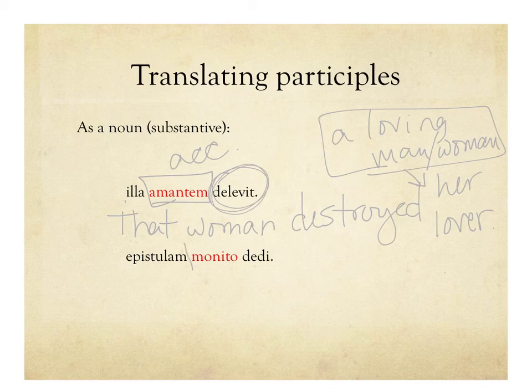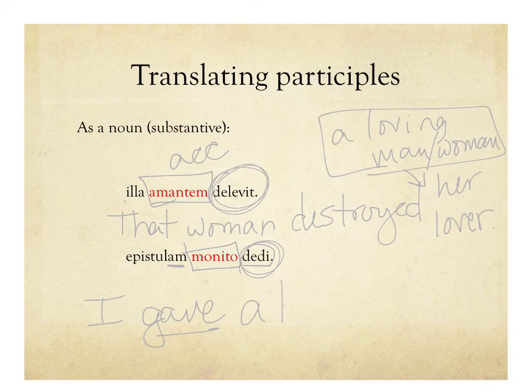Likewise, you can see an example here with monito. Dedi, I gave, right? And this is a kind of verb that likes to take a direct object and an indirect object. So that's what we should be looking for. I gave, here's our direct object in the accusative.